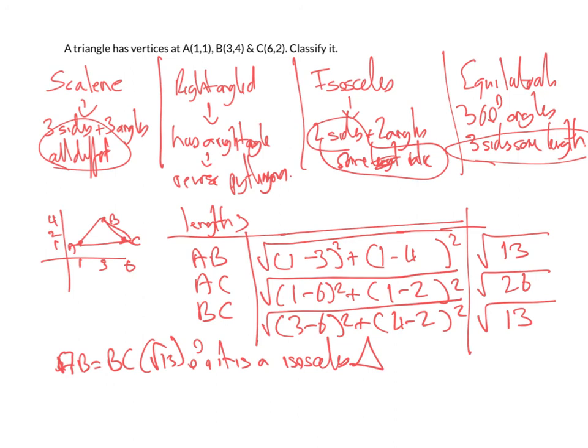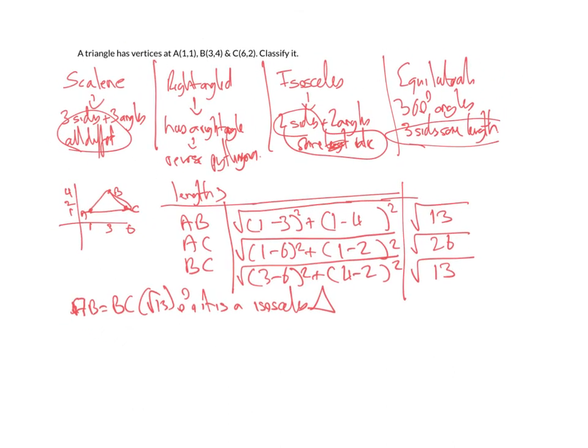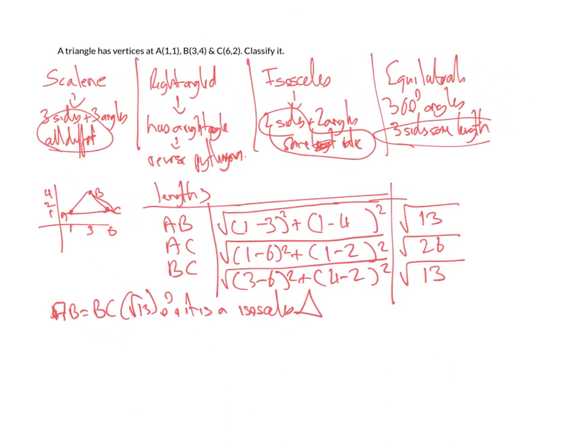So there we need to just check. If it's a right angle triangle, then Pythagoras is true. The long side is AC. So is the square of the long side equal to the sum of the squares of the two short sides?